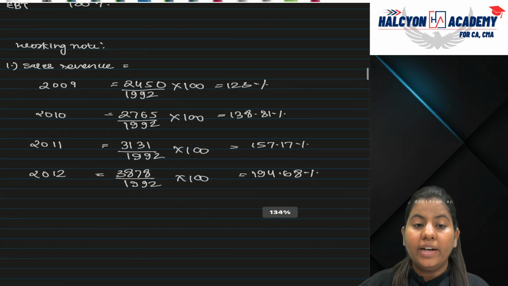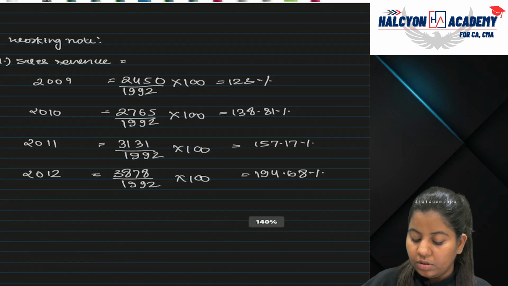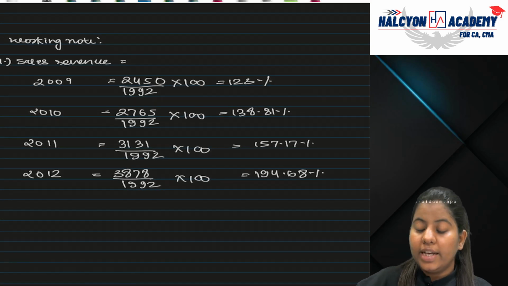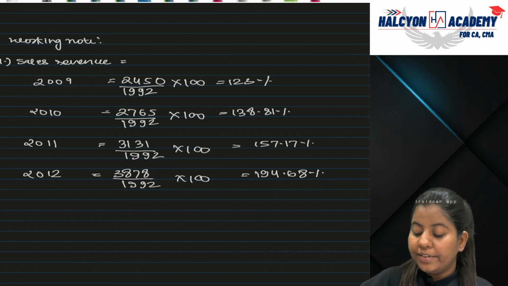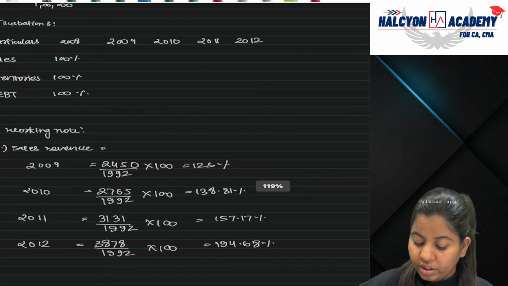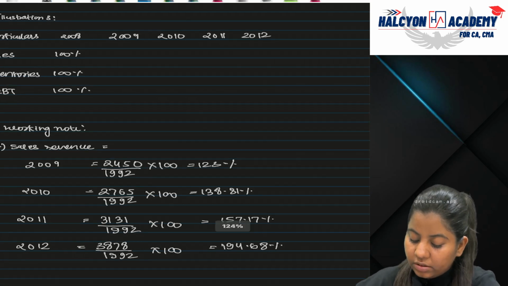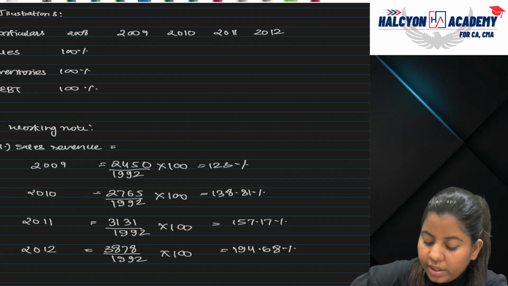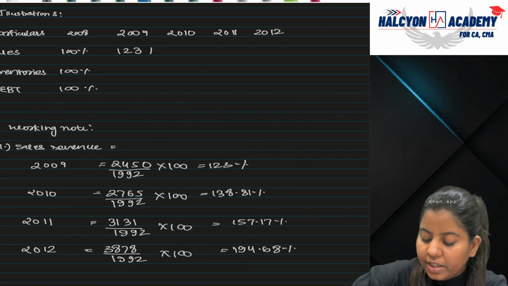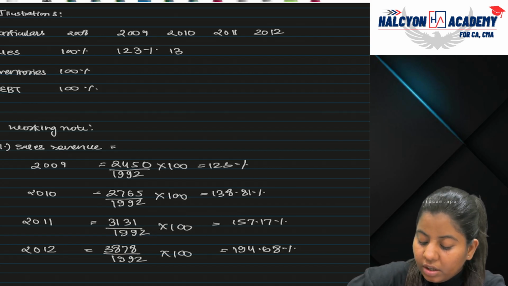So we have to find out the trend for all these three elements: sales revenue, inventories and EBT. Here we write whatever we have calculated. In 2009 it is 123%. In 2010 it is 138.81%.